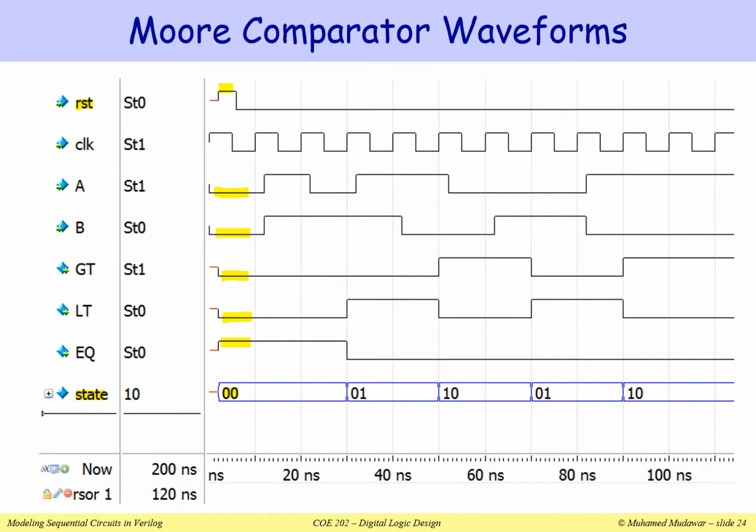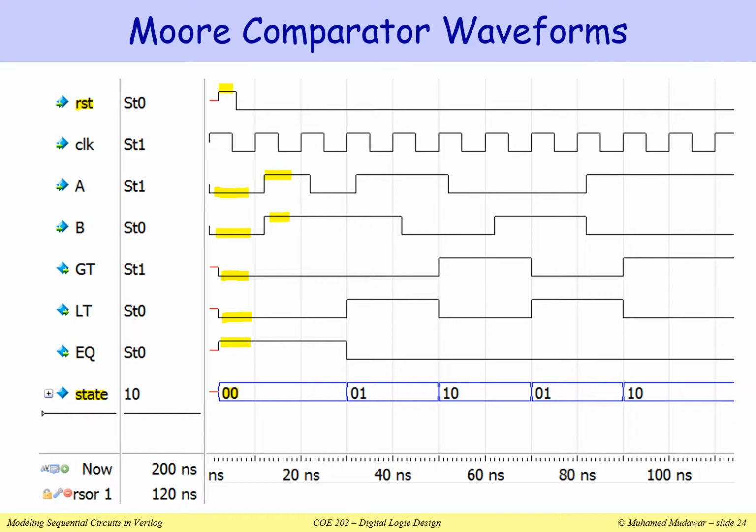That's my initial input for A and B. Now notice that A and B are going to change after 12 nanoseconds. At t equal to 12 nanoseconds, A is going to become 1 and B is going to become 1. We do the change in A and B after the positive edge of the clock. We never do the changes at the edge of the clock.